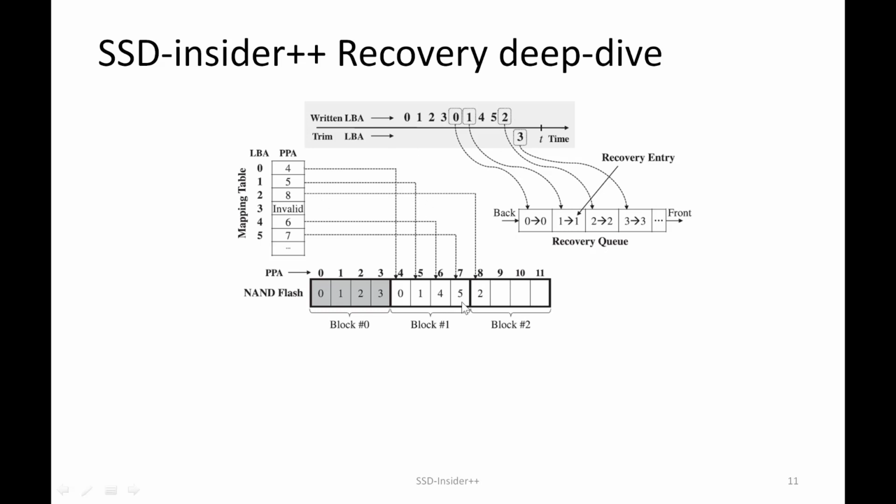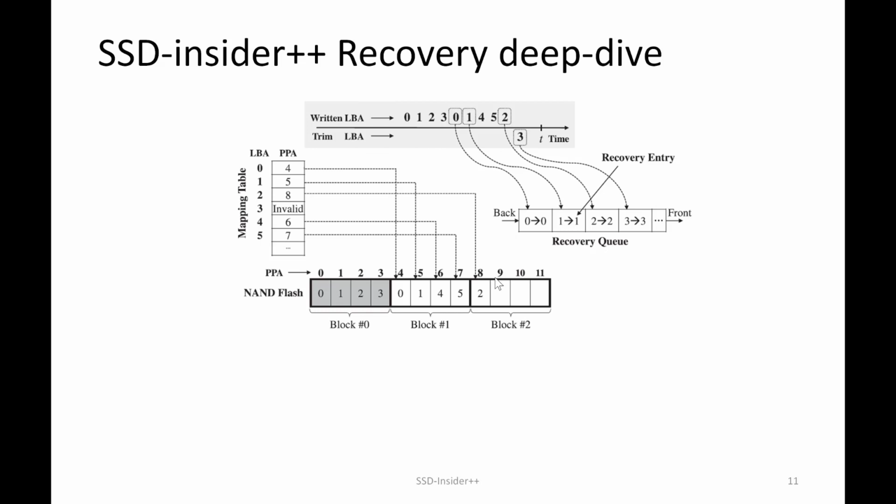So the free page in the next block, block 2, which is 8, has been chosen, and that entry is updated here. And after that, there is an erase command for 3. So that particular entry would be made invalid. So this is the normal operation of a typical SSD.